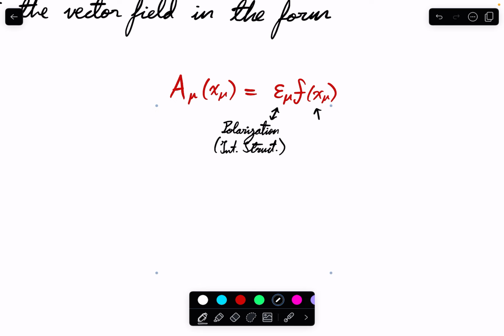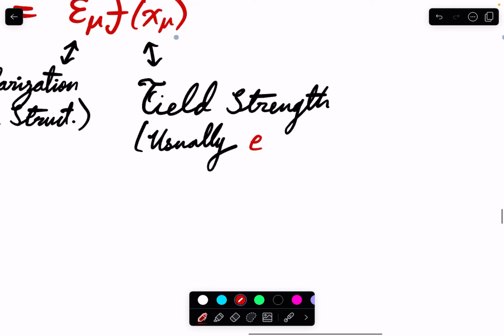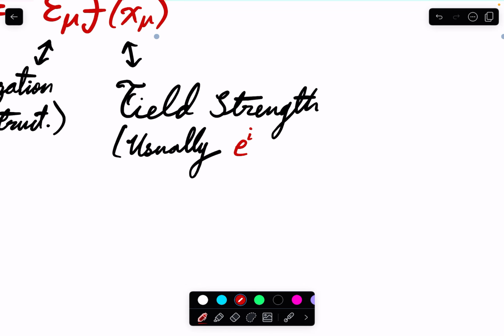And this right here is the field strength. Field strength, which is usually some wave, and specifically, it's usually e to the i k mu x mu.